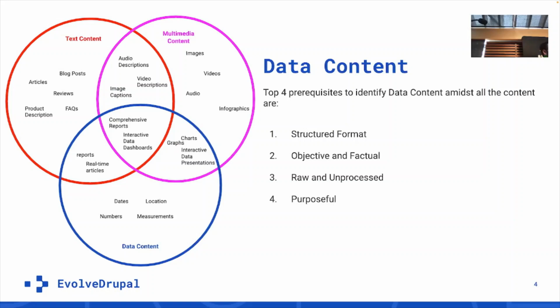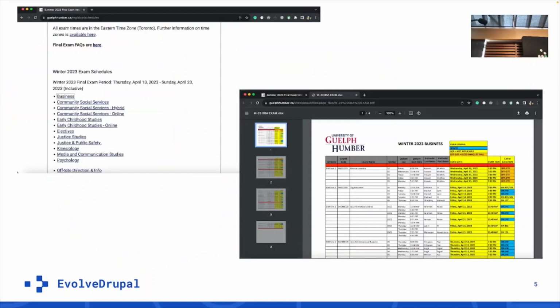So with that, we'll play a small little game. I will show you some screenshots of sites from some of the projects I've done in the past and from my partners. And just shout out if you think the content on that screenshot is data content, or should it just be text or multimedia, etc. What about this?